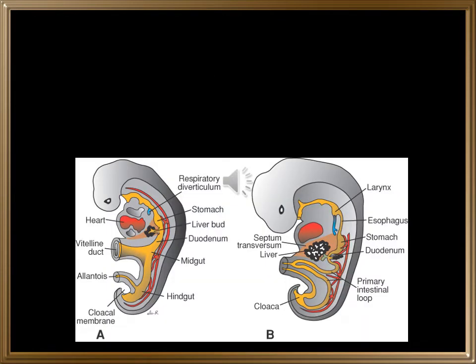In this slide, a longitudinal section of the developing embryo, it is shown how the umbilical cord is attached to the ventral aspect of the body and how the primitive gut is placed and how it is communicating with the vitelline duct, that is the final stages of the regressing yolk sac.